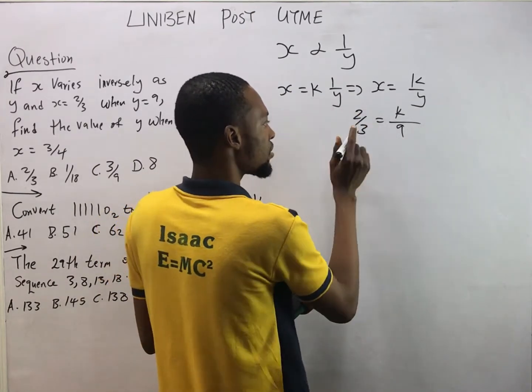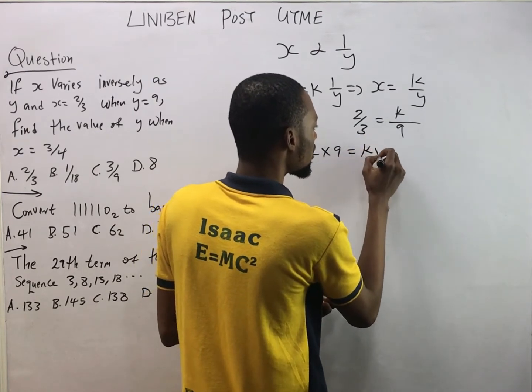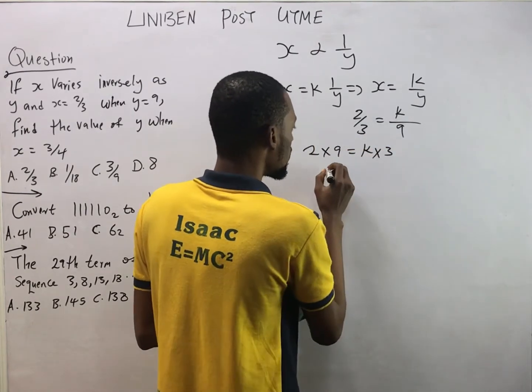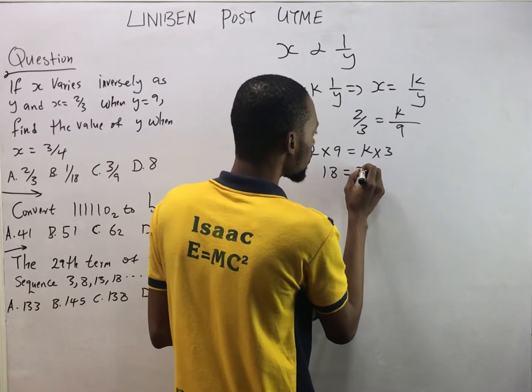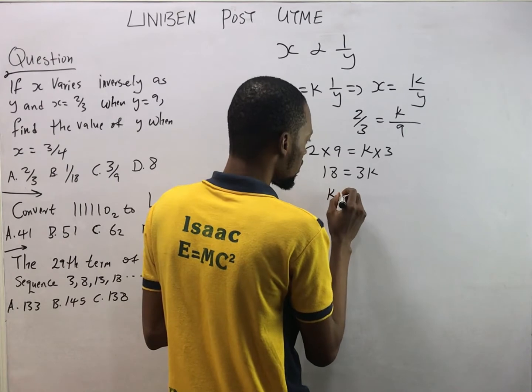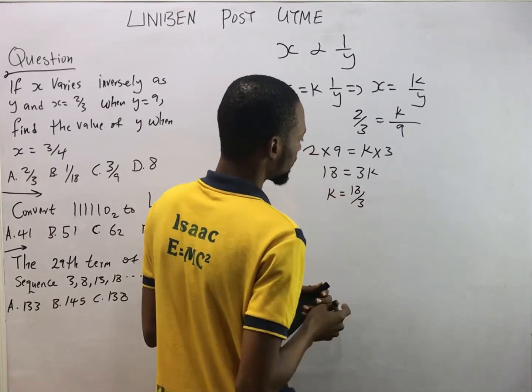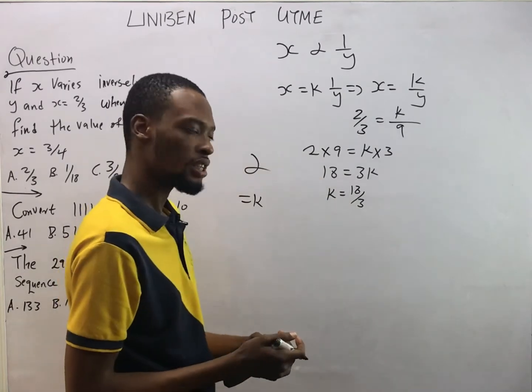Cross multiplying this, 2 times 9 equals K times 3. 18 equals 3K. K equals 18 over 3. That's your value for K.